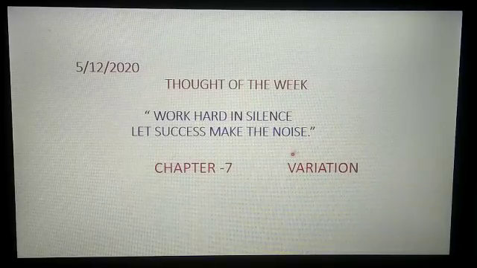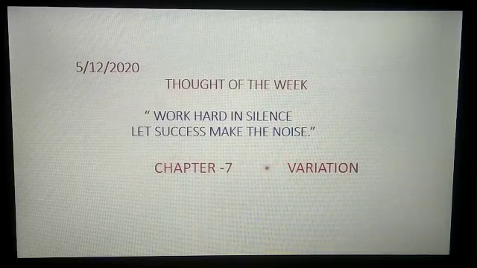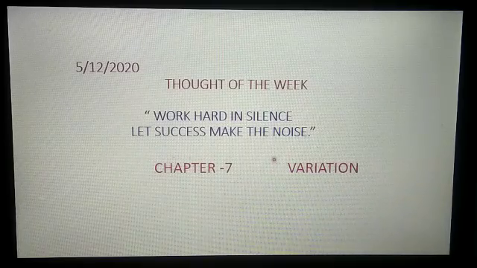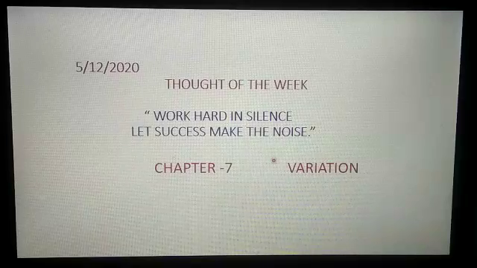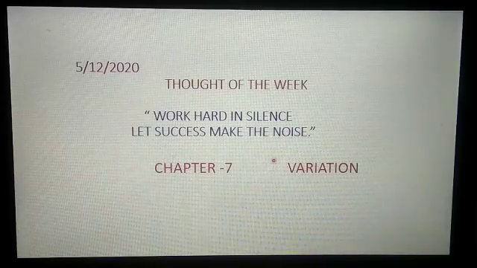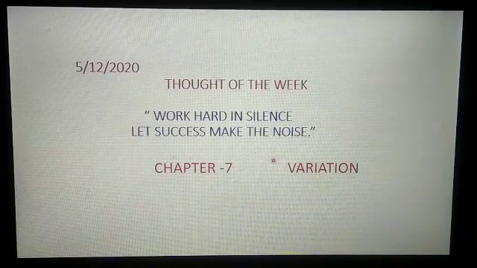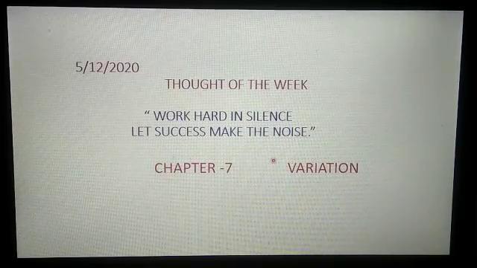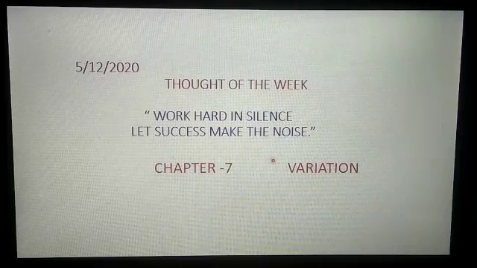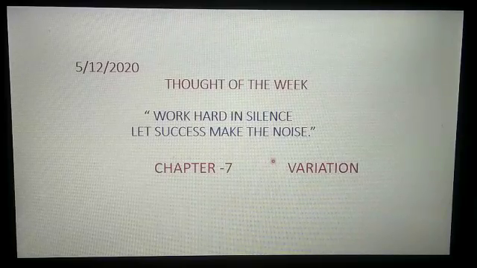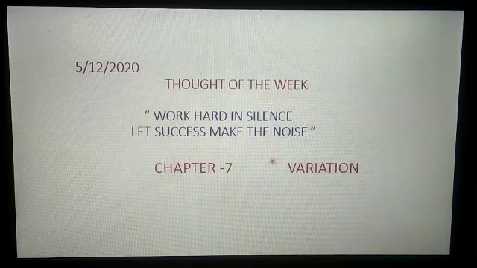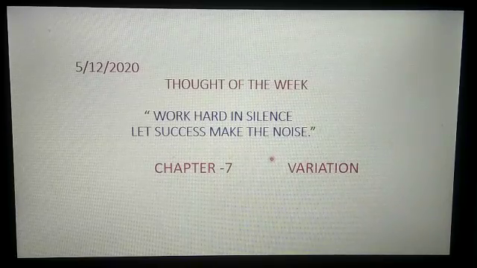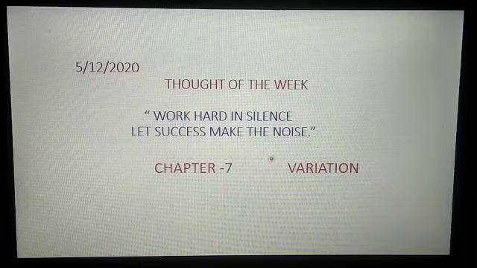Children, you all know that we have started chapter 7, variation, and in the first part of it we have completed practice set 7.2, where we have seen direct variation examples and inverse variation examples. But in practice set 7.2, I told you that the fifth question and sixth question are your self-study questions, which you have to practice at home.